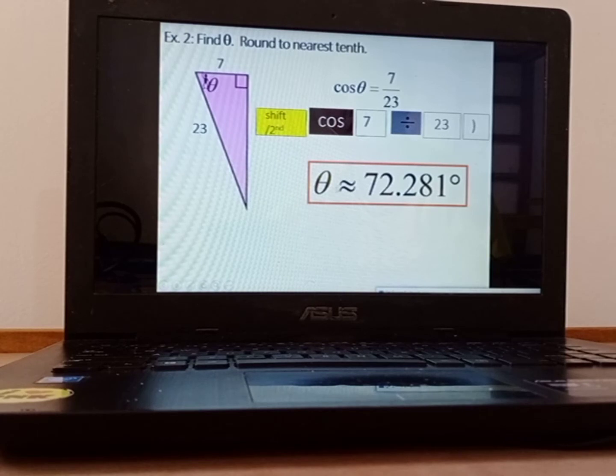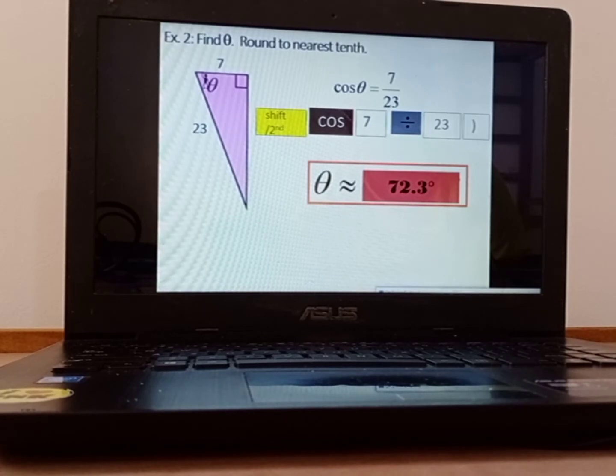So your calculator displays the value of our angle as 72.281 degrees. We will have to round off to the nearest tenth. Since the digit to the right of 2 is 8, therefore our answer is 72.3 degrees. So again, the angle theta is 72.3 degrees.